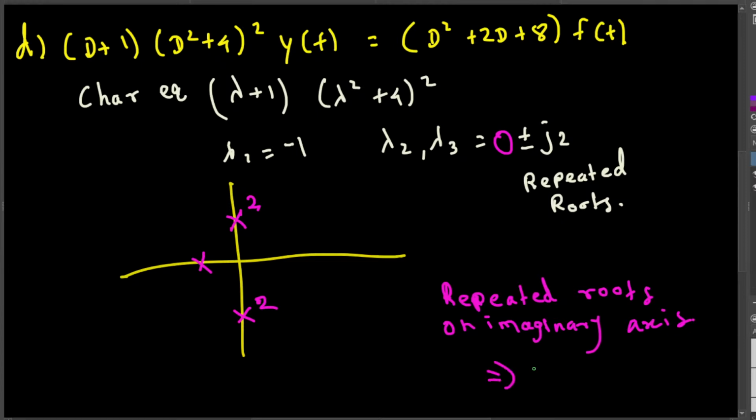That's unstable. It doesn't have to be the imaginary axis, you can have it at 0, and if you have the second order, it's still unstable. So if you have second order roots at 0 anywhere, that's unstable.